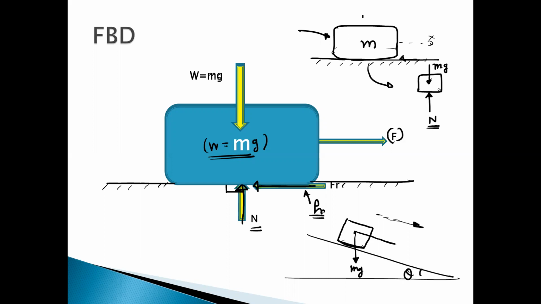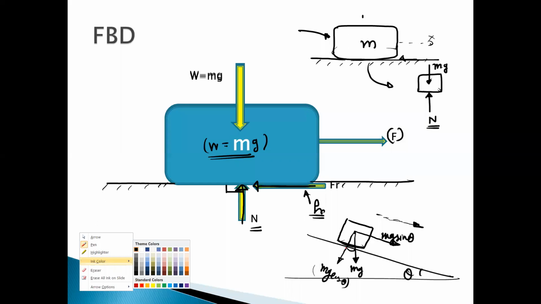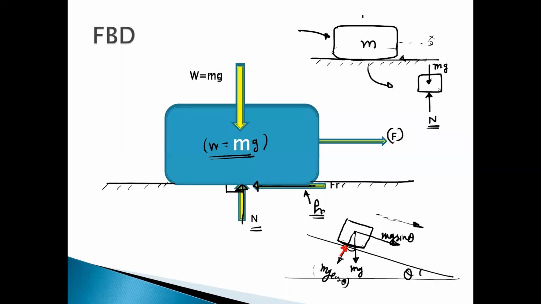One component will act along the plane, and one component will act normal to the plane. As this angle is theta, this component is the adjacent component, equal to mg cos theta, and this component is the opposite component, mg sin theta. So mg cos theta will create the normal reaction like this, and mg sin theta will act as an external force like this.